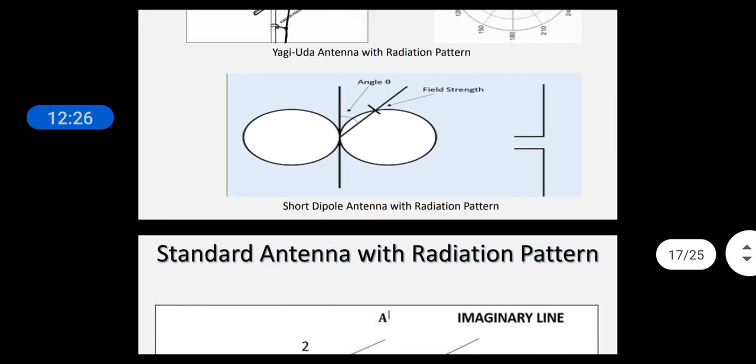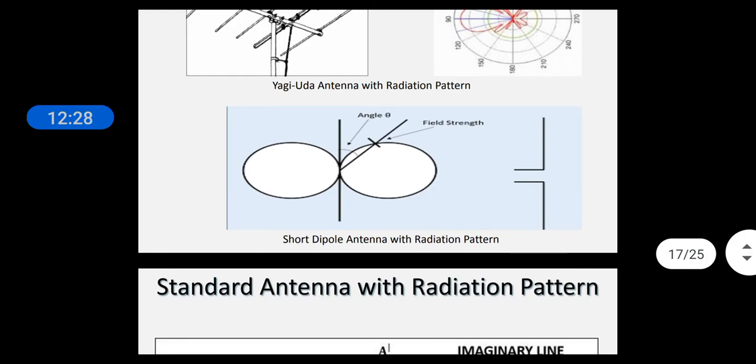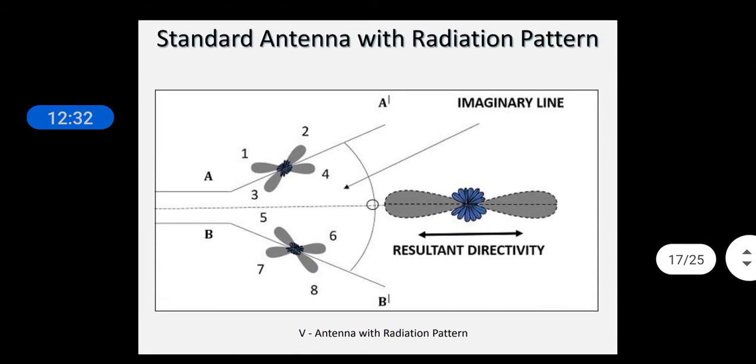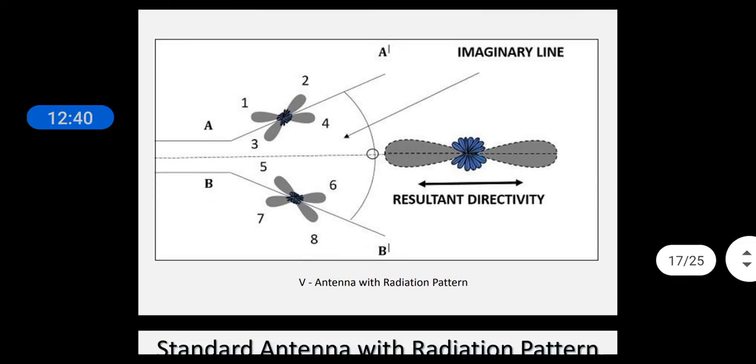This is the short dipole antenna and its radiation pattern. This is the V antenna with its radiation patterns. It is also a bidirectional antenna, and the resultant directivity is as shown in the radiation pattern.